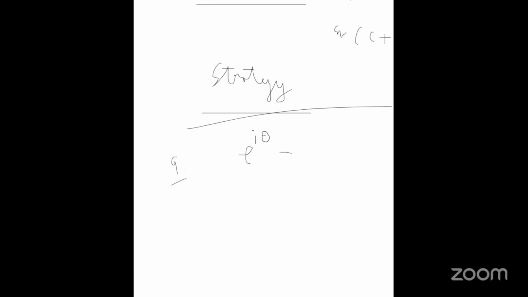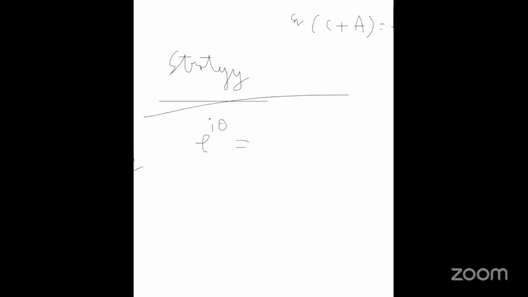e to the i theta is cos theta plus i sine theta. With this relation, you can similarly substitute minus theta, which gives e to the minus i theta equals cos theta minus i sine theta.